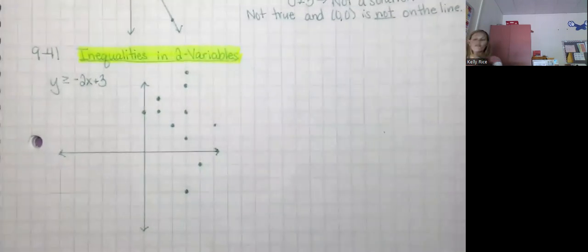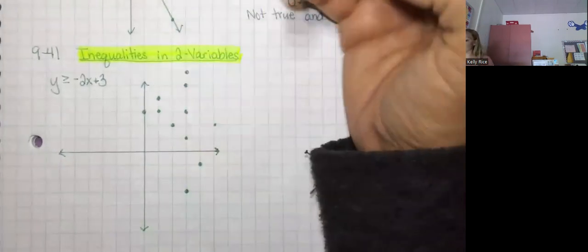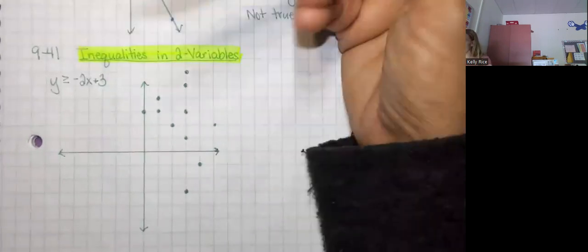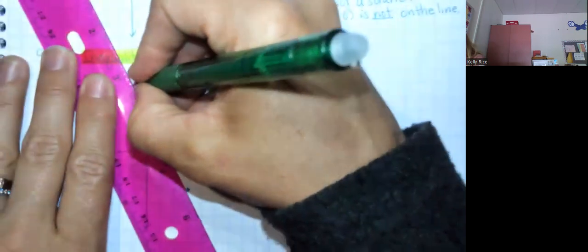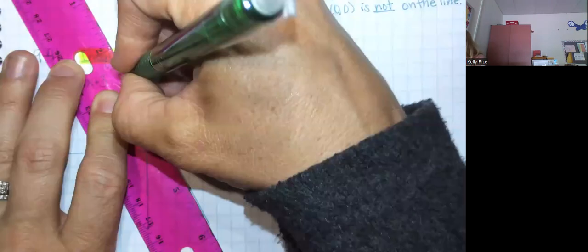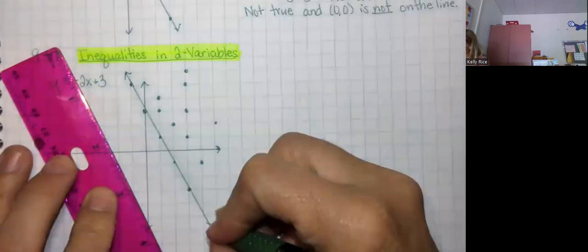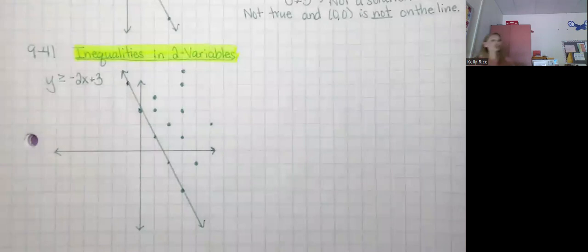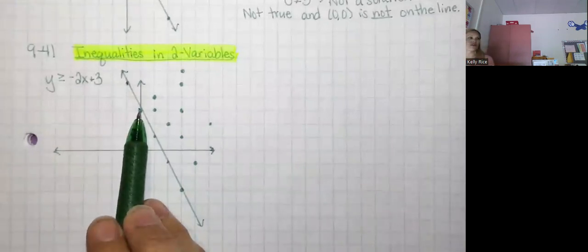So we're going to graph the line y equals negative 2x plus 3 again. Notice it is the same as problem 40, except this one's an inequality. Okay, so we had the point 0, 3 that's on the line was true.